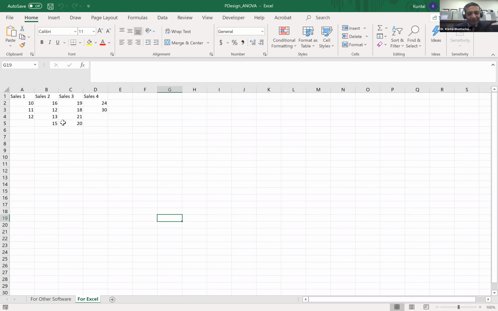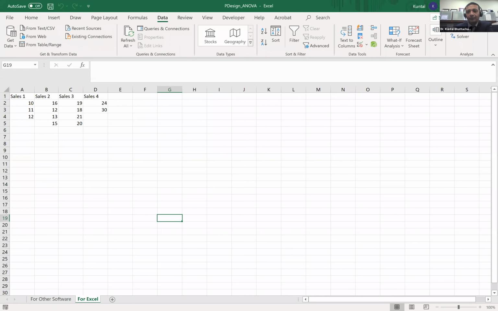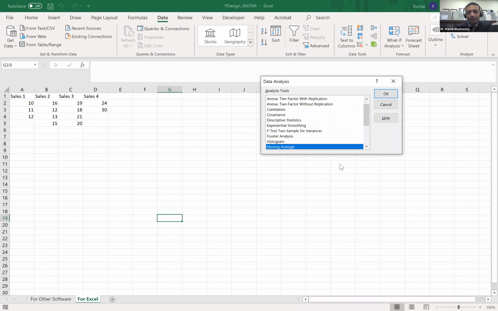Once you have that data set up in that order, what you want to do is go under Data, go under Data Analysis, and you see there are multiple options of ANOVA. We'll choose the single factor ANOVA because we are only looking into a single factor.